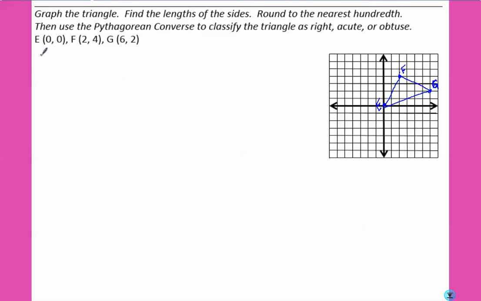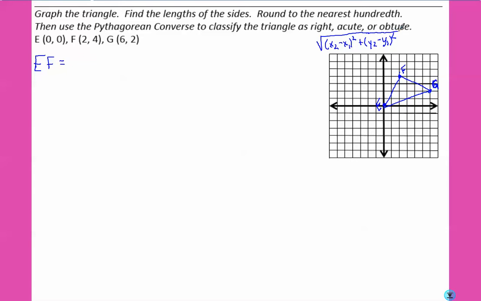All right, so to find EF, if you recall, our distance formula is the square root of the change in x squared plus the change in y squared.